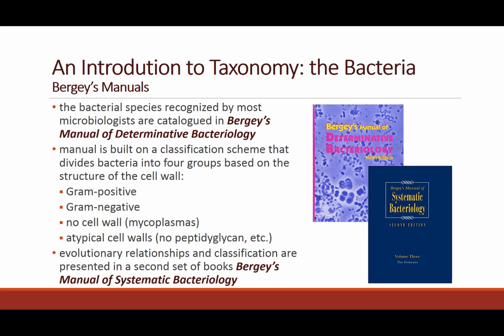If you have an unknown species in front of you, you would use Bergey's Manual to determine what you've got. It's built on a classification scheme that divides the bacteria into 4 groups based on their cell wall structure: gram-positive, gram-negative, those that have no cell wall, which are referred to as mycoplasmas, and those that have a cell wall, but it is atypical. For instance, it might not have peptidoglycan in it. So there are three main sections that distinguish amongst these four different types of characteristics.